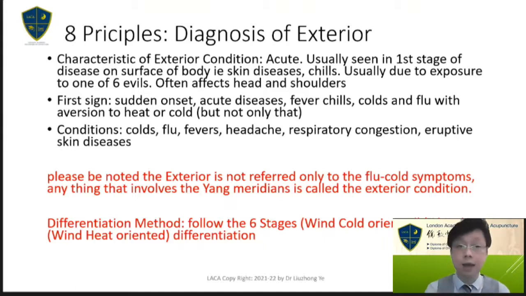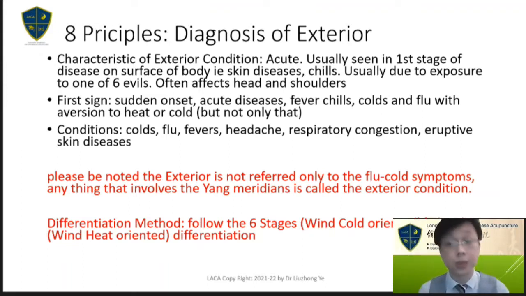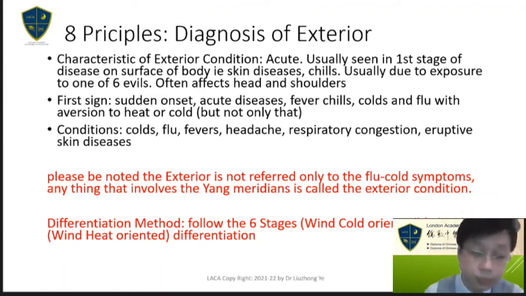It includes Taiyang, Shaoyang, Yangming, which means Taiyang includes hand Taiyang, Xiaochang, the small intestine, foot Taiyang, bladder, hand Yangming, large intestine, foot Yangming, stomach, hand Shaoyang, Sanjiao, and foot Shaoyang, gallbladder. So all these 6 yang meridians, if they are involved with these conditions, are still called the exterior condition, just because they are yang issues.